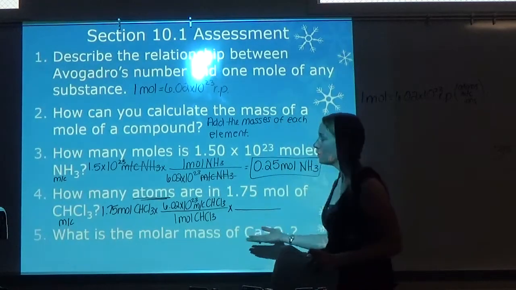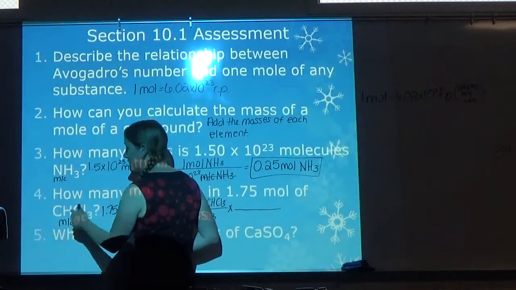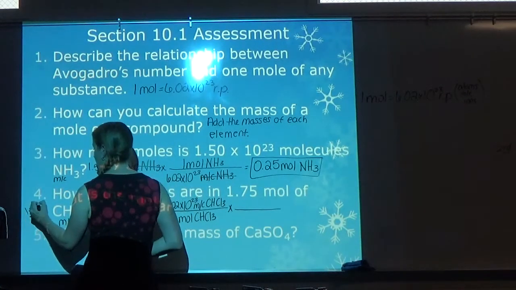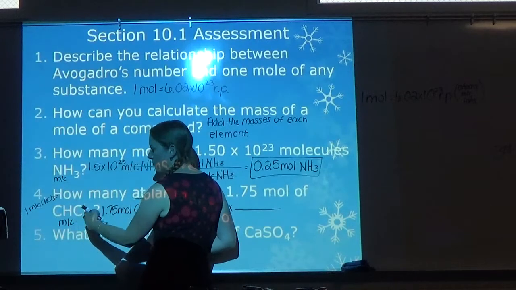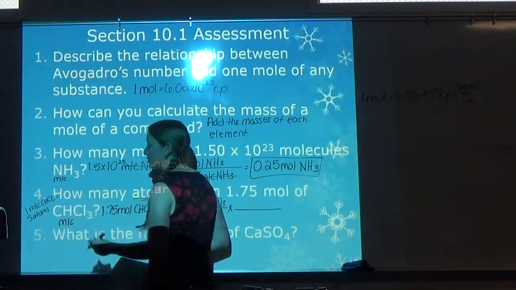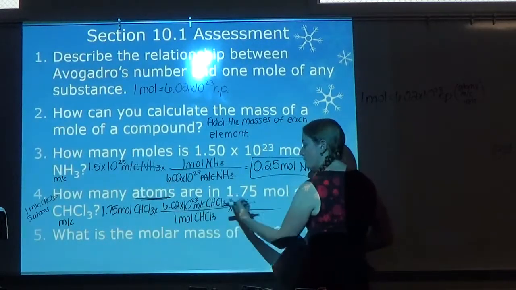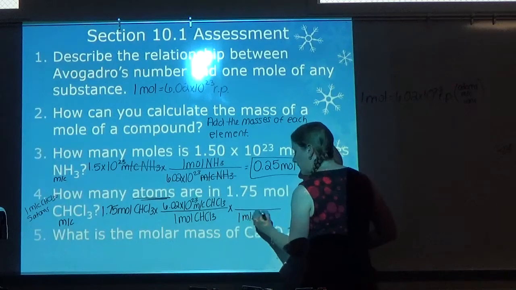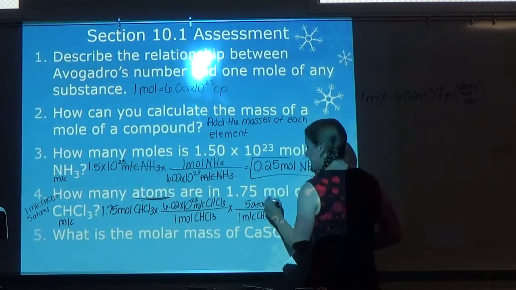But the problem is, of course, it asks me about atoms. So I can look at CHCl3 and I can see that 1 molecule of CHCl3 is actually 1, 2, 5 atoms, because there's 1 C, 1 H, and 3 Cl. So I follow my golden rule, and I'm going to put the 1 molecule on bottom and the 5 atoms on top.